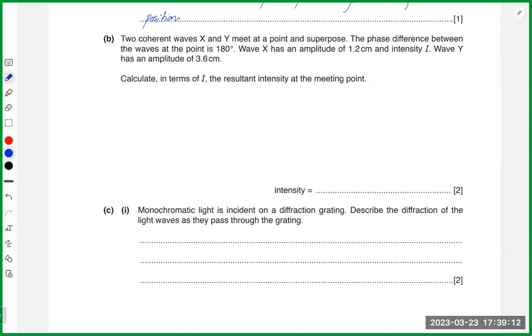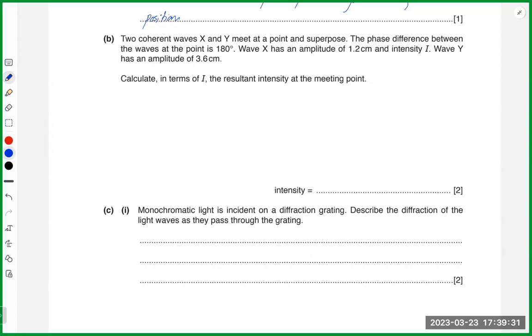Now, two coherent waves X and Y meet at a point and superpose. The phase difference between the waves at the point is 180 degrees. The wave X has an amplitude of 1.2 and intensity I. Wave Y has an amplitude 6 centimeter. Calculate in terms of I the resultant intensity at the meeting point.